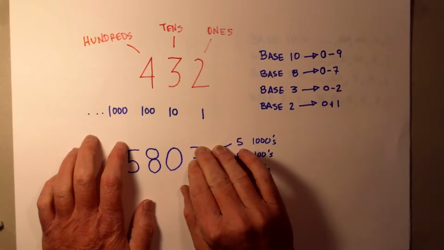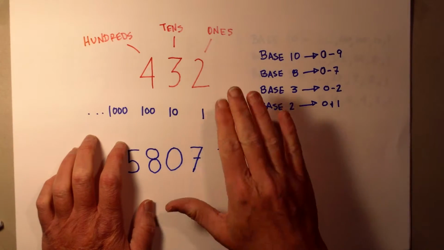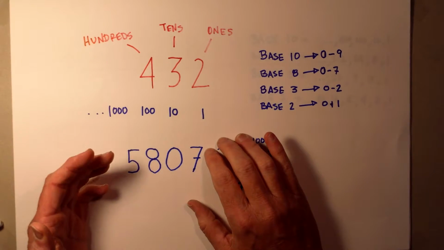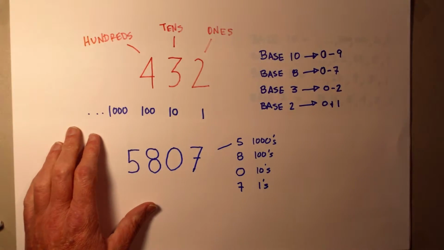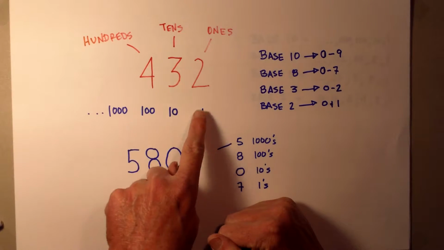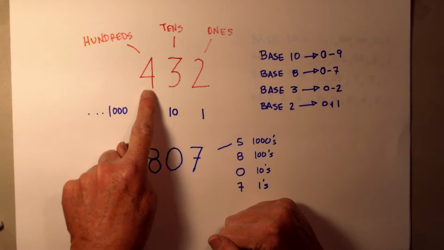All right. Now, that is just one way of numbering. We number in what we call a base 10 system because each of these numbers are based on powers of 10. This 2 is in the 1 spot, this 3 is in the 10 spot, this 4 is in the 100 spot.